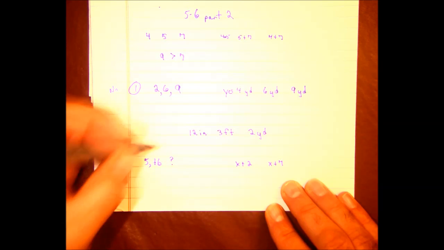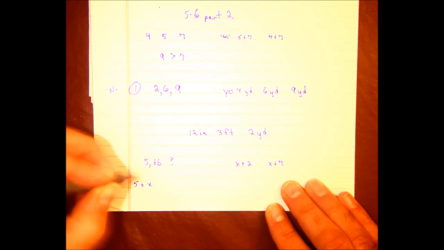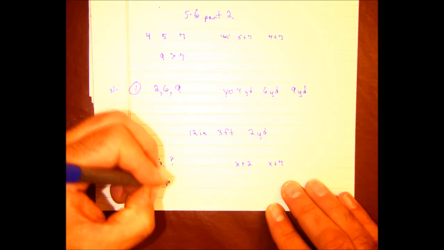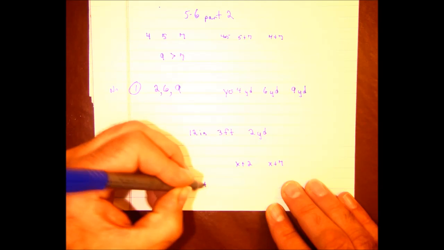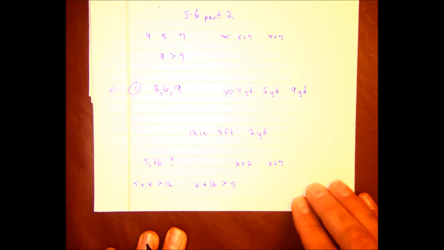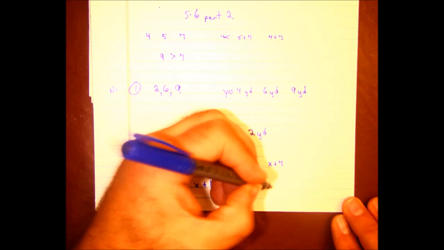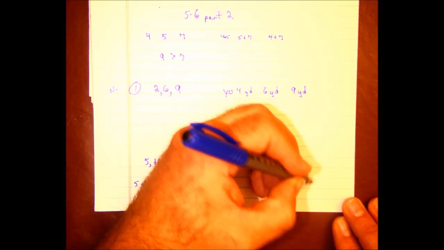Well, let's make the third side x. So they're wanting you to do 5 plus x is greater than 16. x plus 16 is greater than 5. And 16 plus 5 is greater than x.